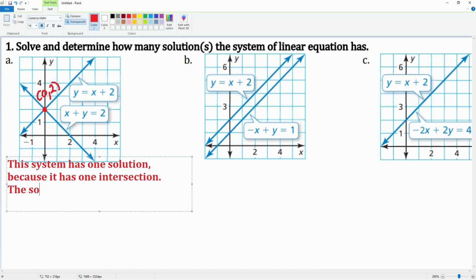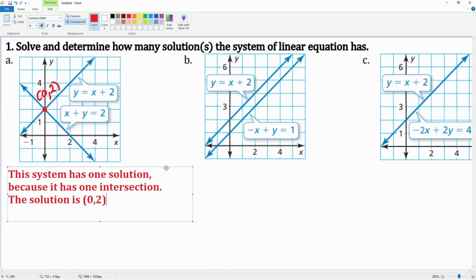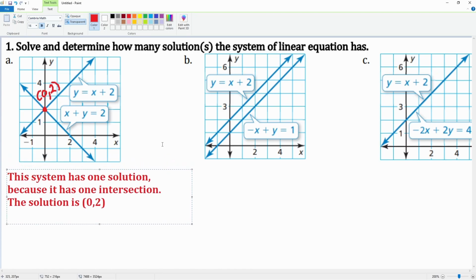The solution is an ordered pair, (0, 2). So the intersection is the amount of solutions. Here I'm going to make everything in black, and then you're going to see how everything else works. This is one solution and one intersection.